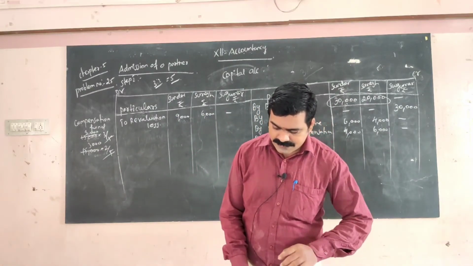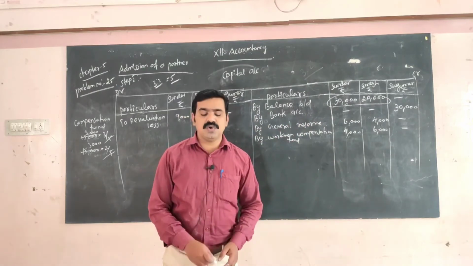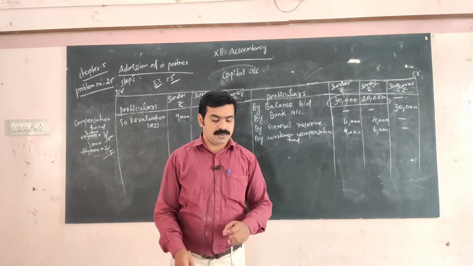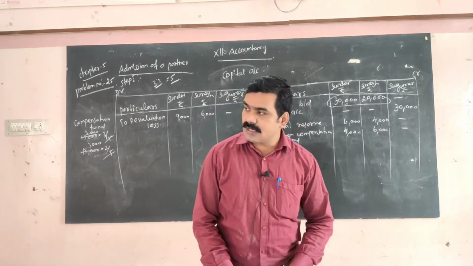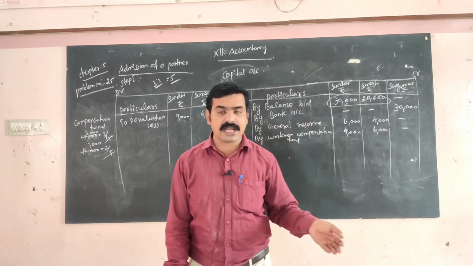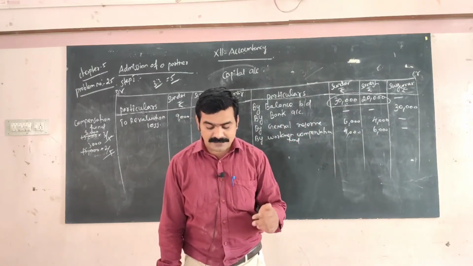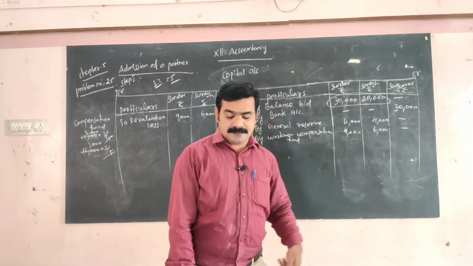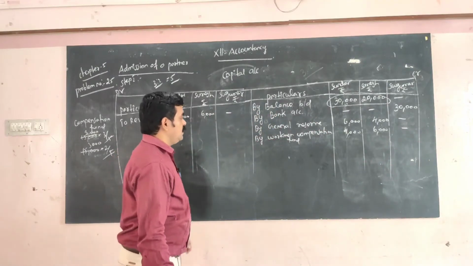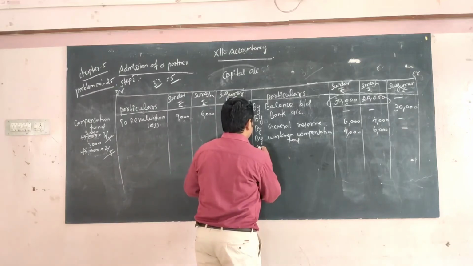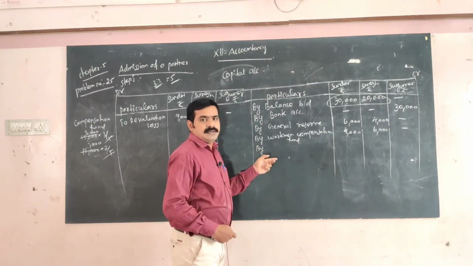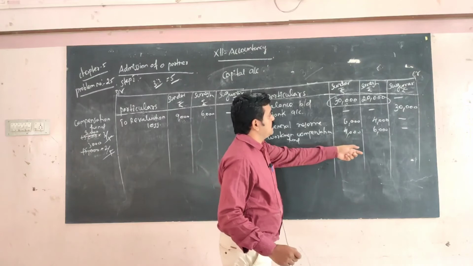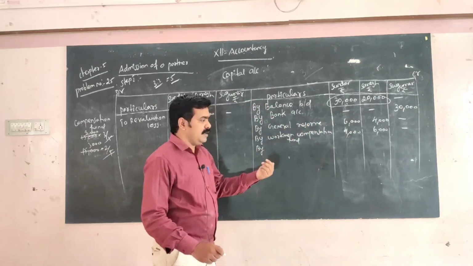One more piece of information is Sukuma's capital account. Sukuma brings 30,000 as capital, and his share of goodwill is 5,000. So now we have to divide that 5,000 among the old partners' capital accounts. Sukuma is only the receiver, so Sundar and Suresh are the givers.